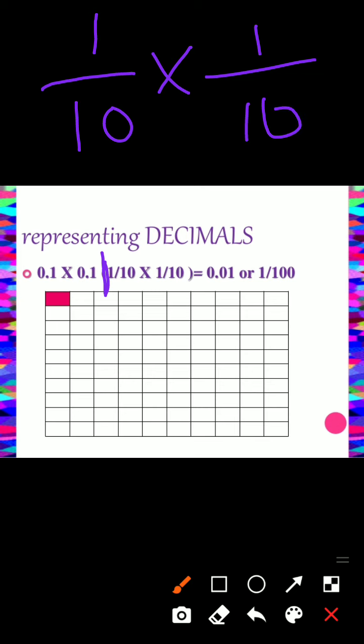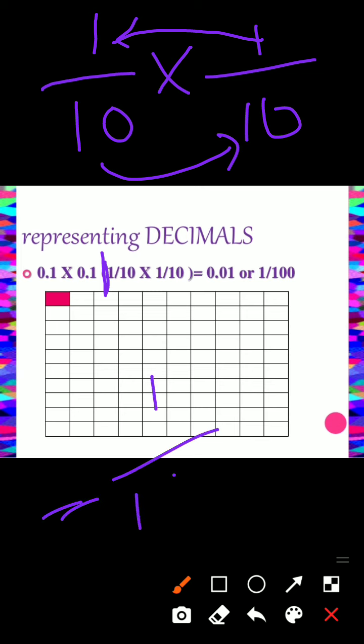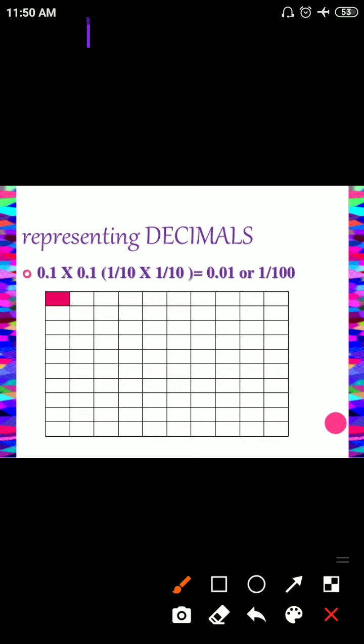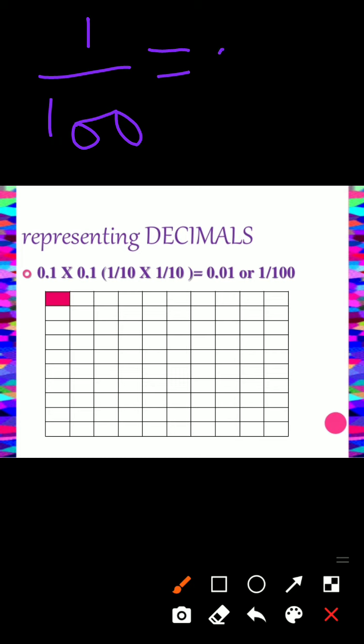Numerator will multiply with numerator, and denominator with denominator, so it will be 1 upon 100. Two zeros are there, so how will you write this? After the decimal you will cover two places, but in the numerator you have only one digit, so you add a 0 yourself and write 0.01.